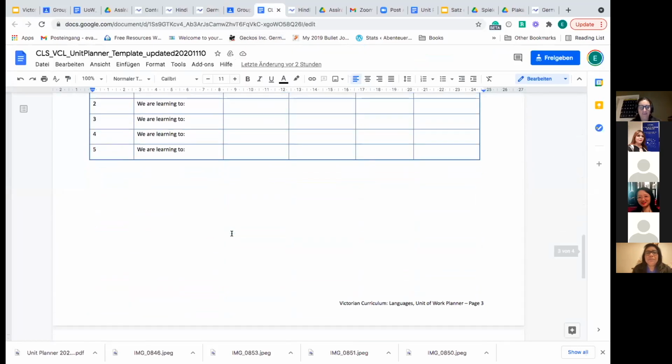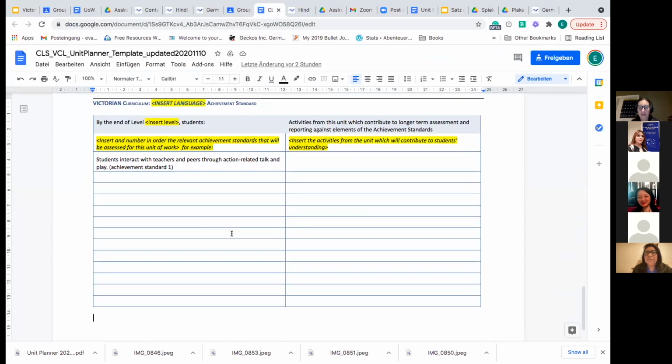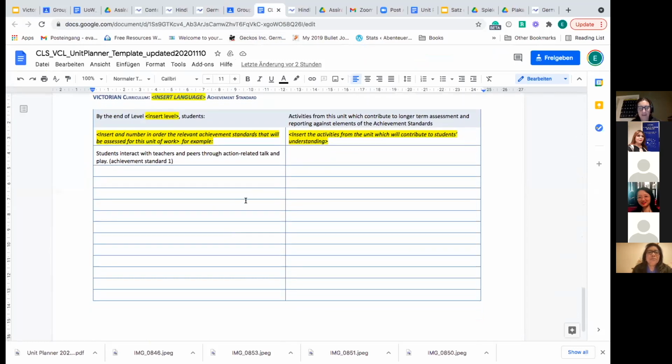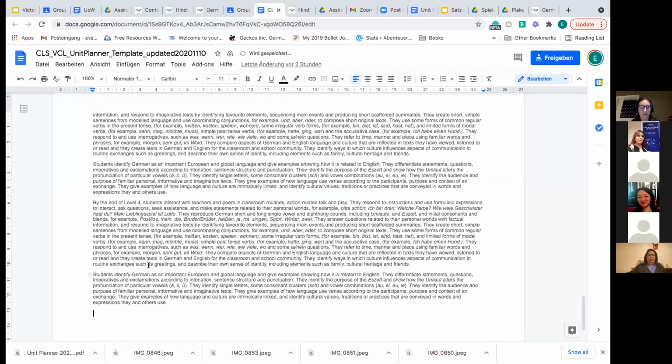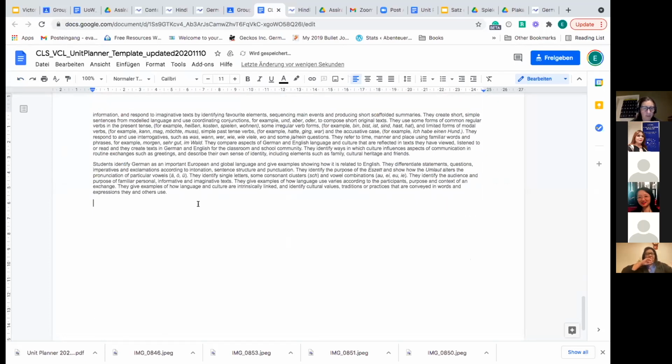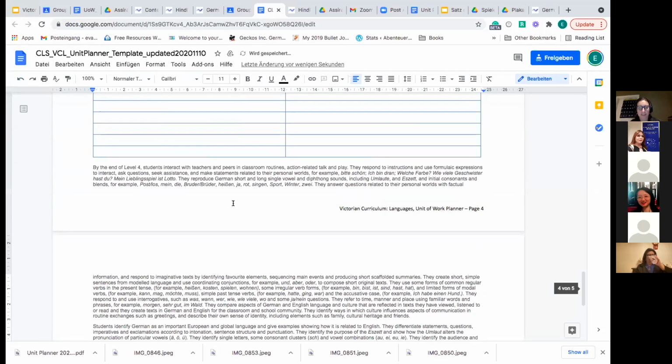At the end, as you remember, we had this lovely table where you put in the achievement standards. What I do is put in all the achievement standards.